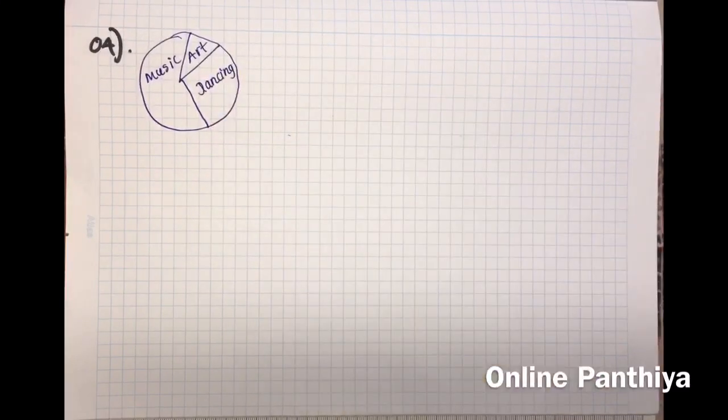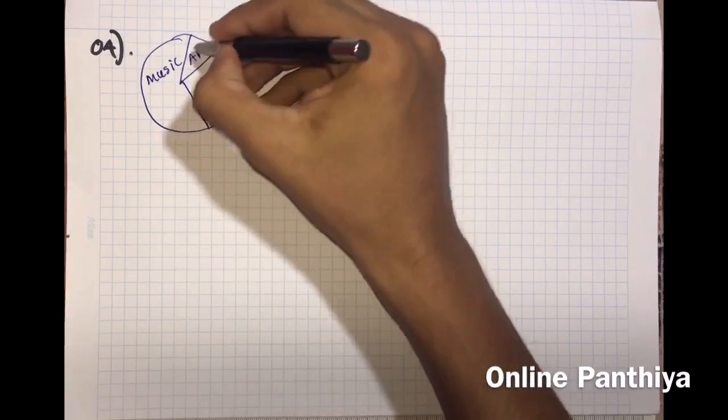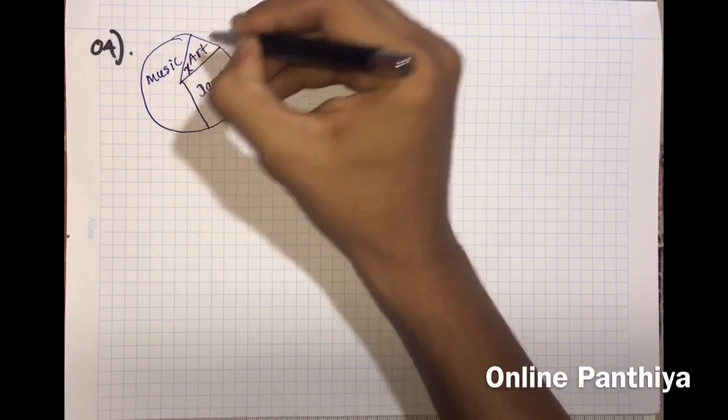Now what are they saying? Each student in grade 6 of a certain school had to select exactly one of the three subjects. And this is the way it is shown in the diagram. The number of students who selected dancing is 3 times the number of students who selected art. Now let us call this X.